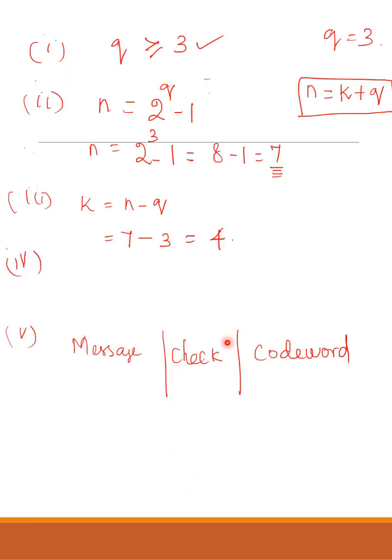Here Q, which is n minus k, should be greater than or equal to 3. In our case, it is 3. The number of bits n is 2 power Q minus 1, so 2 power 3 minus 1 is 7. And k is n minus Q, which is 4. Now we combine our message, check bits, and code word in order to find the code word.